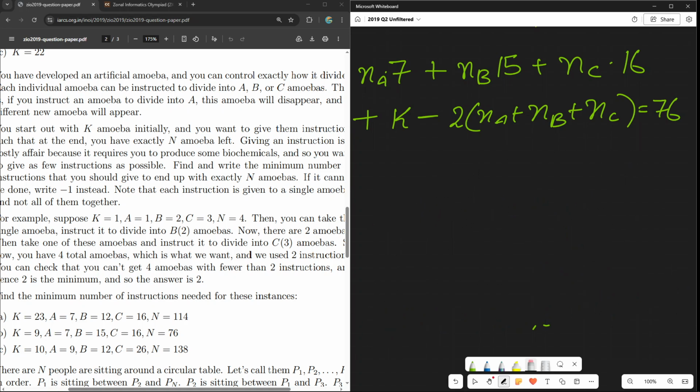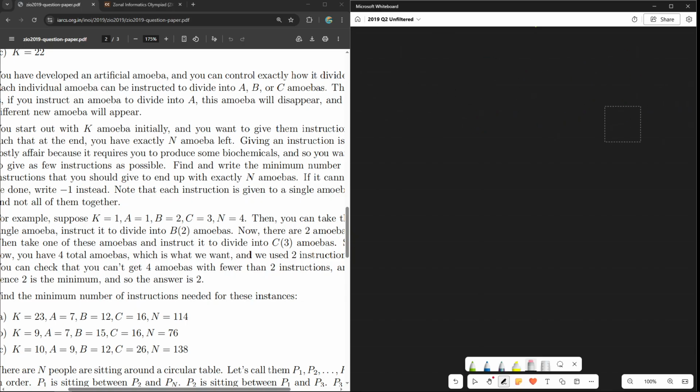What we'll do is we'll erase all this. Yeah, we will take a equals to 6 because after multiplication that one amoeba will get destroyed. So we'll take a equals to 6, b equals to 14 and c equals to 15, k equals to 9, n equals to 76.